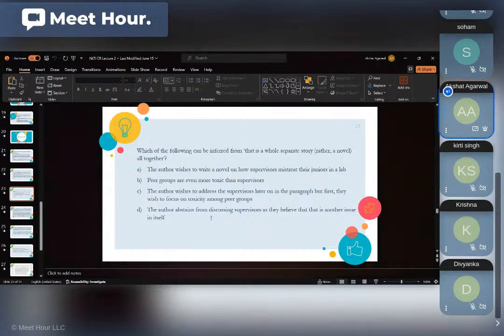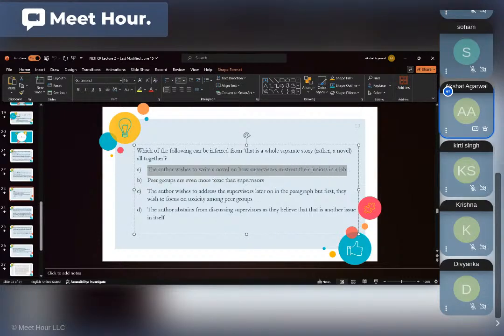So D, because the author says that the supervisors issue is something completely separate, which is an issue in itself, but I want to focus on the toxicity by my peers. That is what the author is focusing on, and D is the correct option. Brilliant. Sometimes in inference questions, it's very easy to eliminate because this is very literal. Option A, if you see, is very literal.